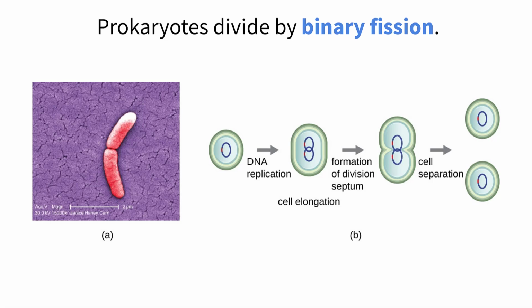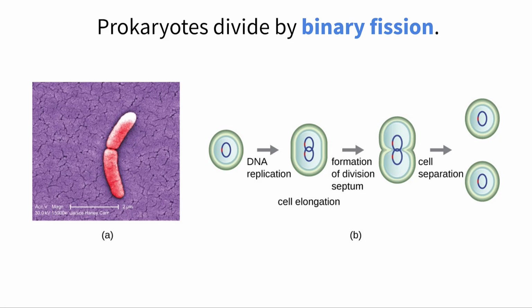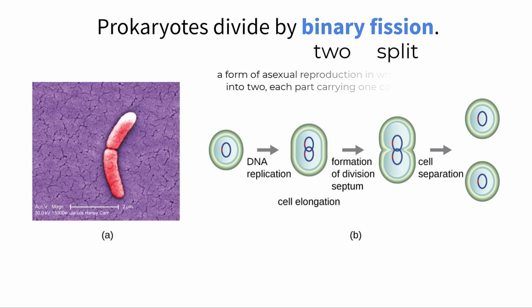Reproduction for these prokaryotes happens via a process that we call binary fission. This is an easy one to remember because the word binary is in reference to two things and fission means to split something into more than one part. Put those together and you have a great working definition for binary fission, when prokaryotic cells split themselves from one cell into two.